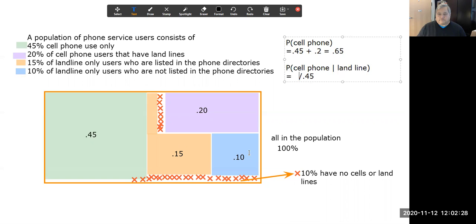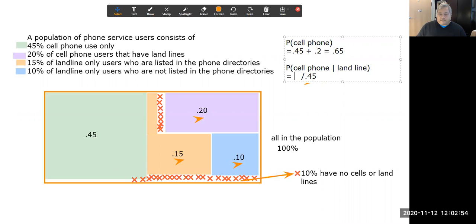Okay. So purple, orange, and blue is where this 45% is coming from, the condition. So notice how this is a condition, landline, and that this 45% refers to this 20, this 15, and this 10. Now, what's the chance that they have a cell phone?